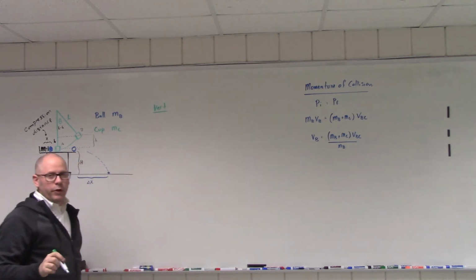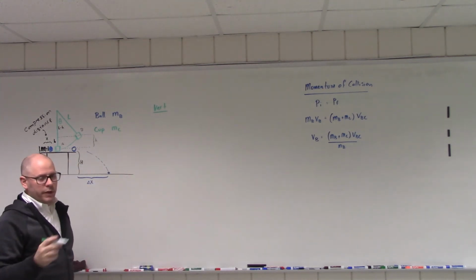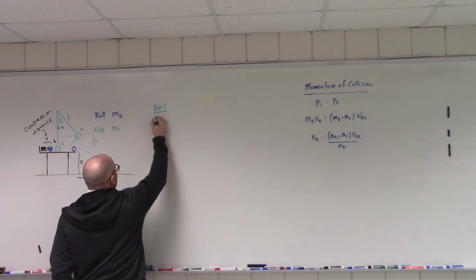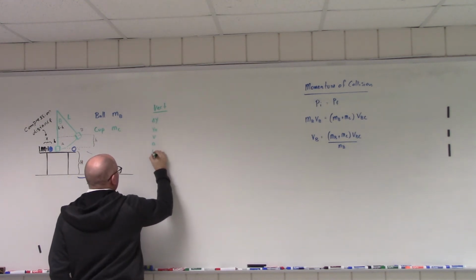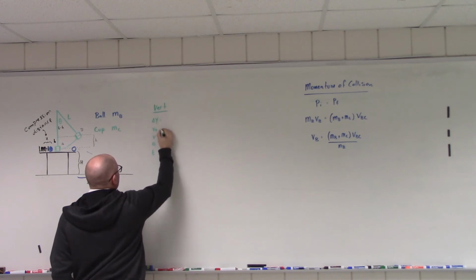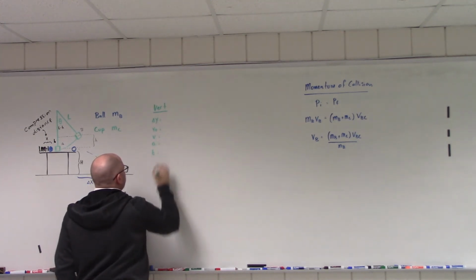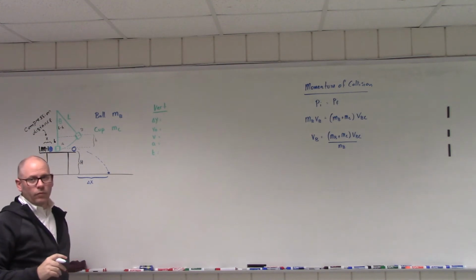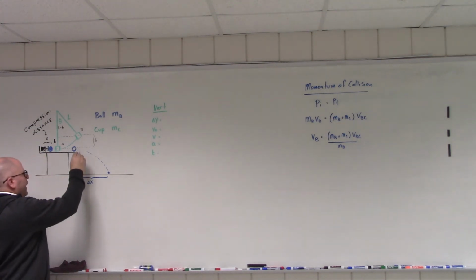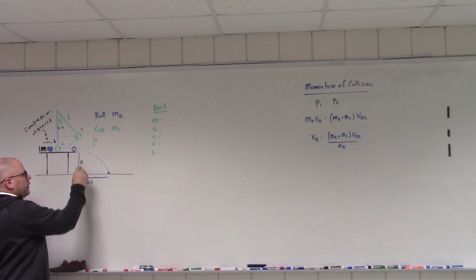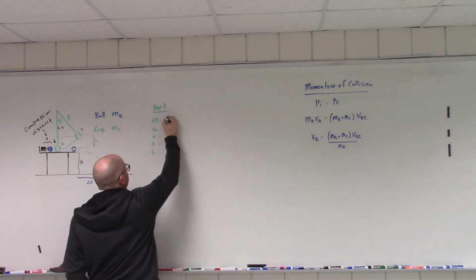So when I think about the vertical pieces, there are 5 variables in the vertical direction. And we know a couple of these. In this case, the change in the vertical is h. Actually, it's negative h because it's falling down.